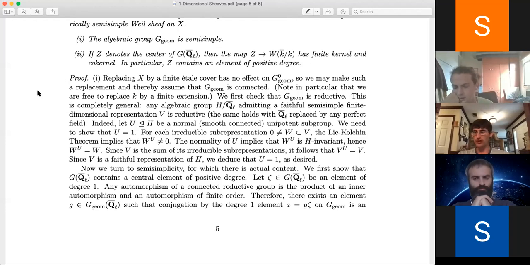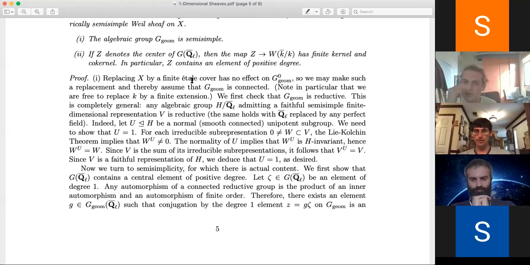Like if you think of fields, if I replace a field by a finite extension, the corresponding Galois group is a finite index subgroup. So if I replace by a finite index subgroup and take Zariski closures, I get a finite index subgroup of the group, and when I restrict to identity components, the finite index thing there is just the whole thing.